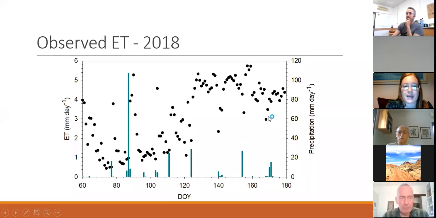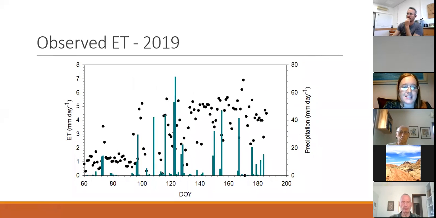And this is for 2018. In 2018, we had fairly low ET at the beginning of the growing season. And you see a strong response due to this really large rain event here. And then ET quickly rises for the main portion of the growing season. And we see a similar trend in 2019 as to what we saw in 2018.